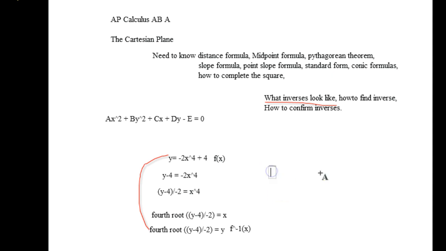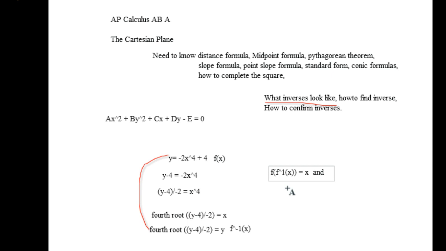Now, in order to confirm, you have to do two things. You have to take f of x and plug in the inverse into it. This is where compositions of functions plays out, and you get x.